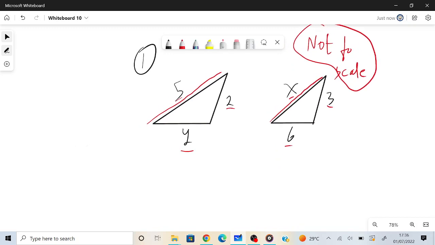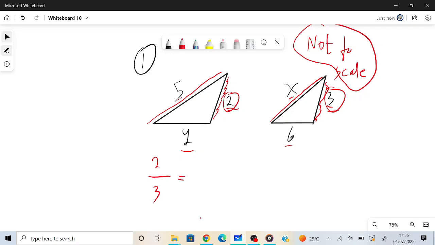So what I would do first is I would take the two known sides of the triangle. We know that the 2 over here is simply the 3 over here. What I mean is that this side of the triangle is represented by this side on this triangle, and both of those values are given, 2 and 3. So I can take the smaller one, I can say basically I have 2 over 3.